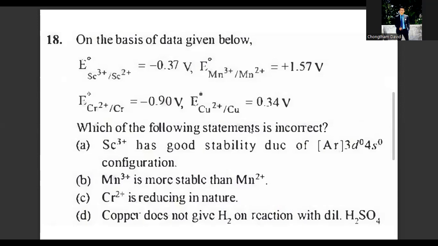Thus, this Mn3+ will be positive. And statement B will be the incorrect statement. Mn3+ is more stable than Mn2+ is the incorrect statement. So B is the answer, option 4, for question number 18.